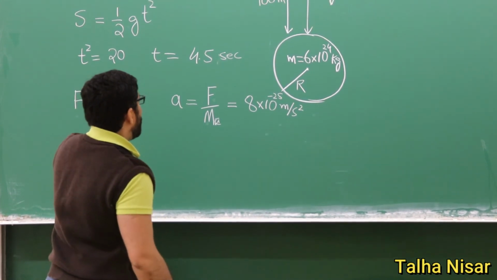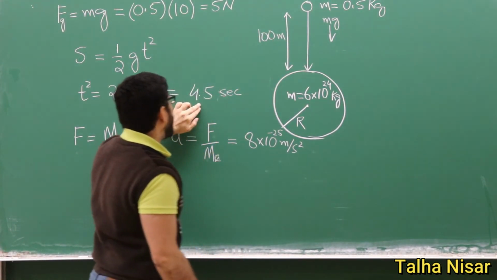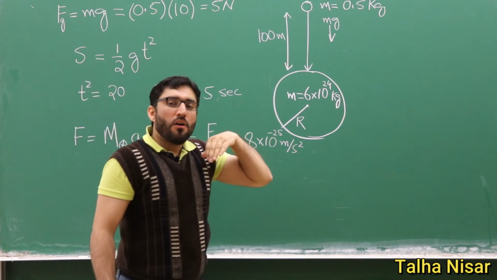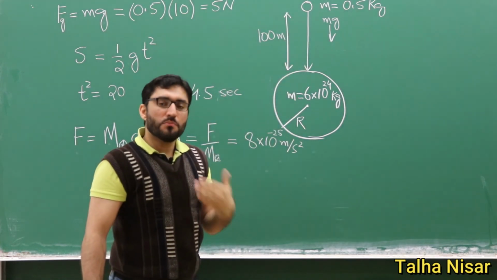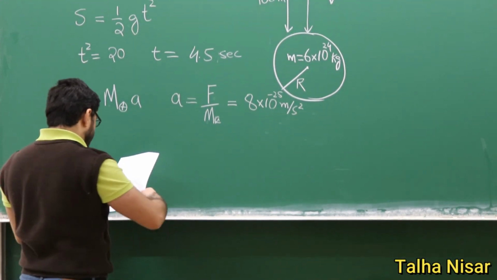And now, since we know that the ball will reach the ground in 4.5 seconds, we want to know how much the Earth moves towards the ball in these 4.5 seconds.